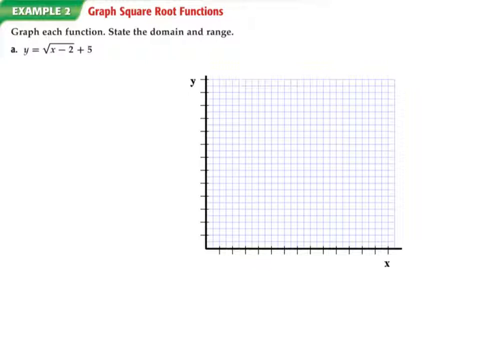In example 2, we're going to graph the function and state the domain and range. Based off of the key concept that they gave us, we know that this 2 and this 5 are going to play a critical role here. These values represent h and k.